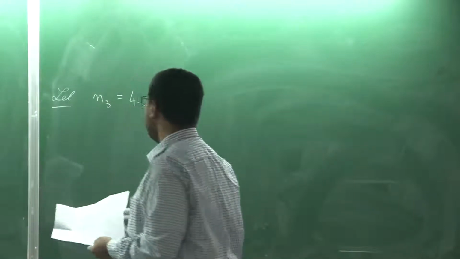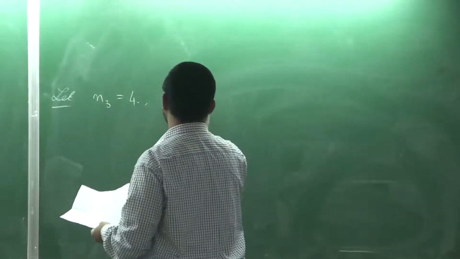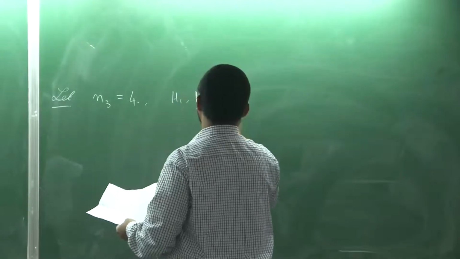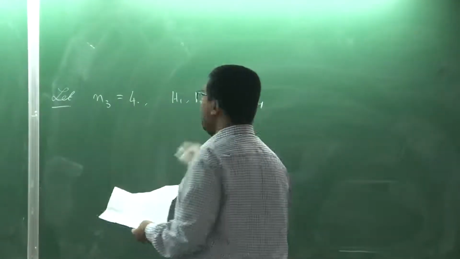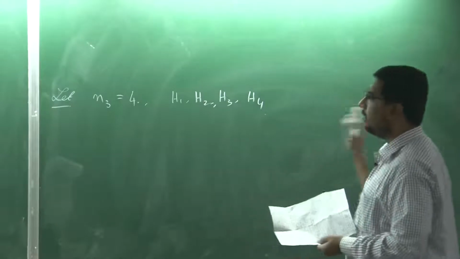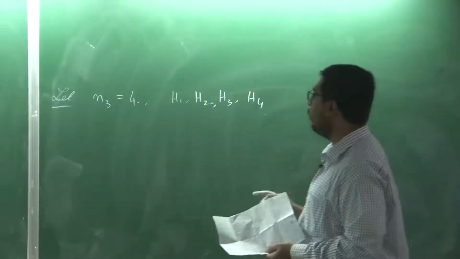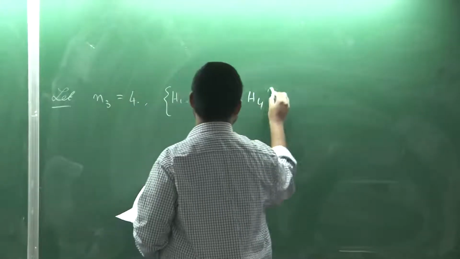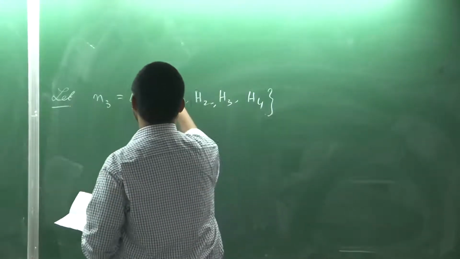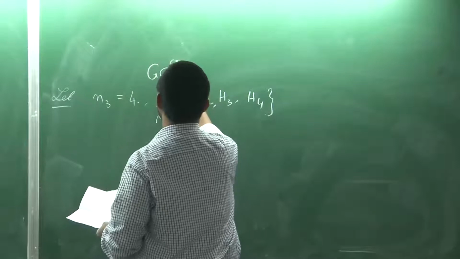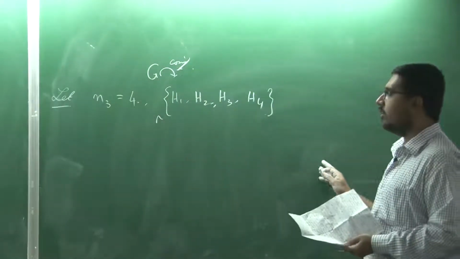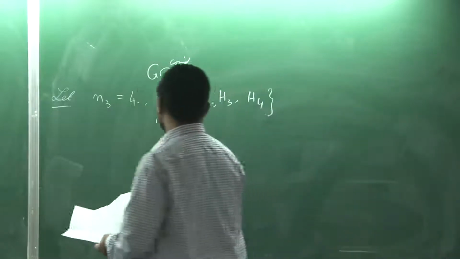Okay. So therefore let H1, H2, H3, H4 be all the Sylow 3 subgroups of G, and on this collection G acts by conjugation, right. In view of Sylow's second theorem, the action is transitive.